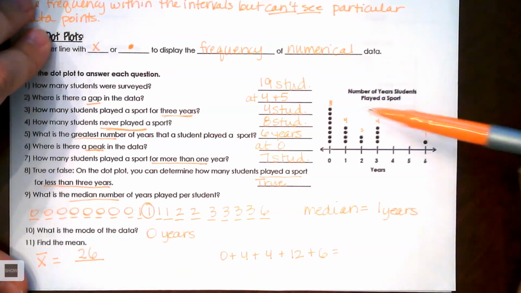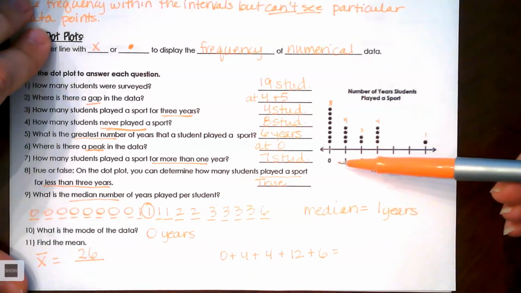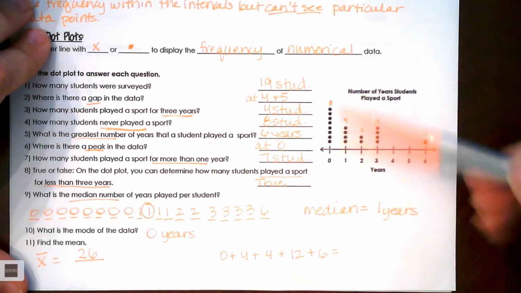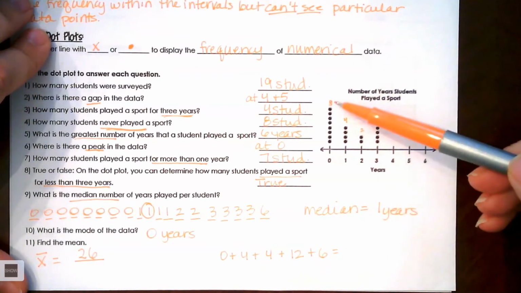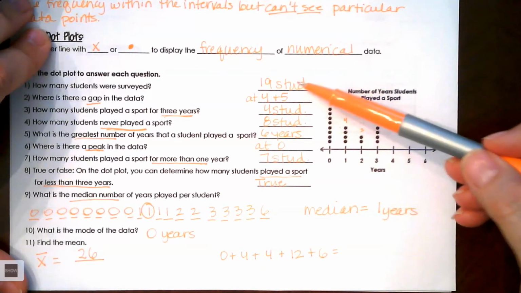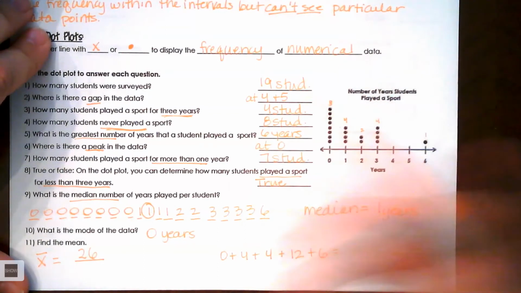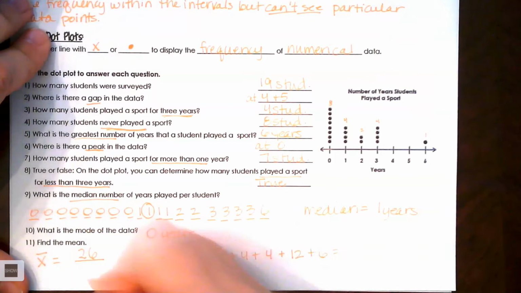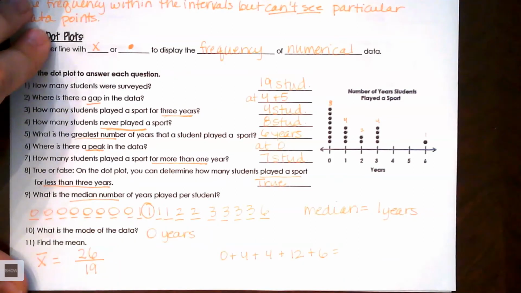And this is the tricky part. How many did we add to get that sum? Now don't use this. Remember, this is already clustered. So we already know the total number of people surveyed is 19. So there should be 19 numbers.